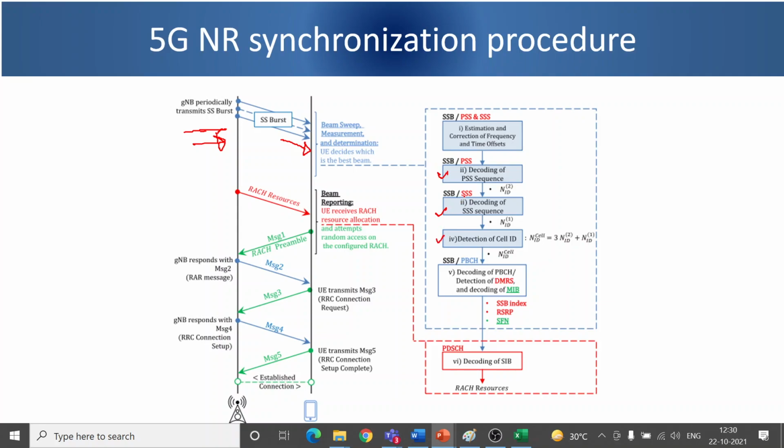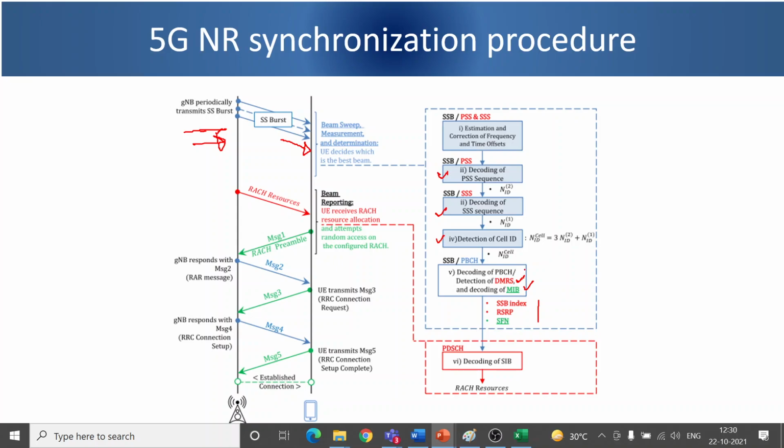So first it is calculating PSS, then SSS, and then it is able to calculate the cell ID, right? And then within the SS block, you have PBCH, right? So PBCH, it will decode, it will get the DMRS, the MIB, master information block, and demodulation reference signal. So it gets so much information.